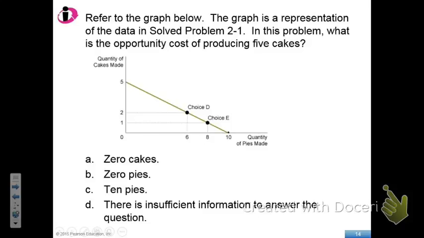Do we all see that? When you give up producing another 2 pies, you gain another cake, right? So the opportunity cost of making 2 cakes is actually 4 pies that you are giving up. In a similar argument, the opportunity cost of producing 5 cakes is the 10 pies that you are giving up. 10 pies. So the correct answer is C. Any question?